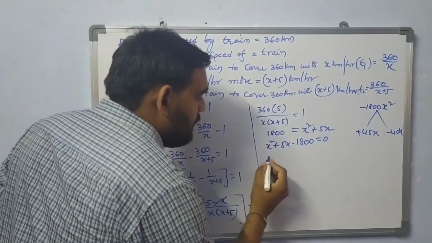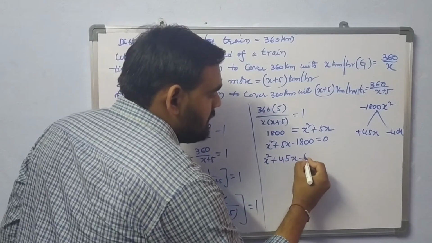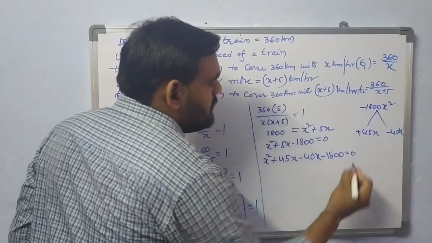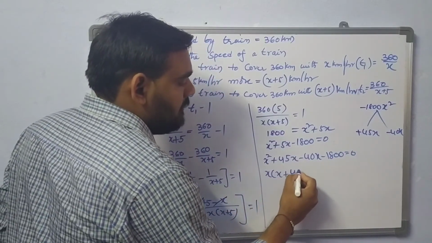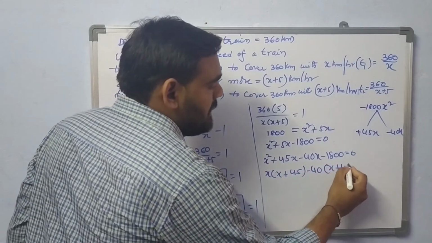Now here plus 5x we can write as x square plus 45x minus 40x minus 1800 is equal to 0. From this, if I take x common, x plus 45. From this, if I take minus 40 common, I will get x plus 45.